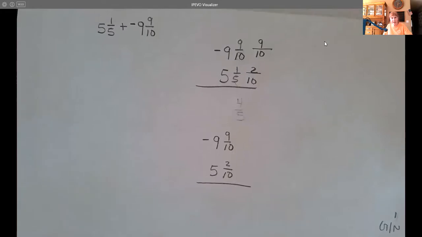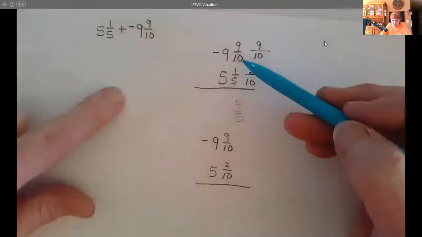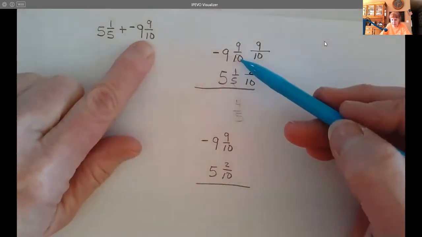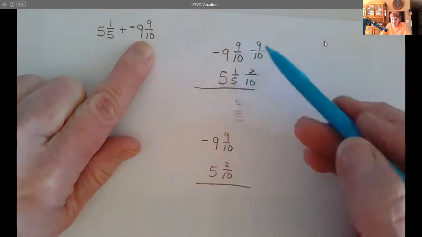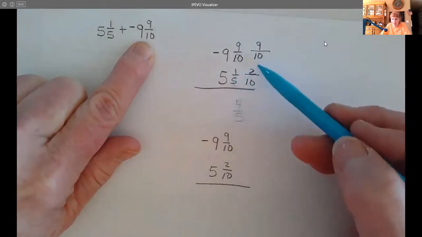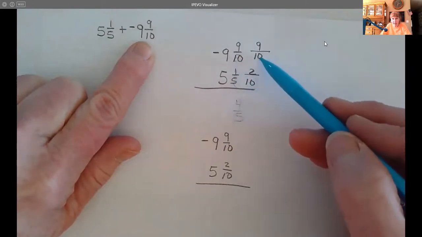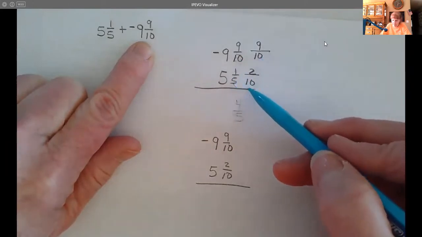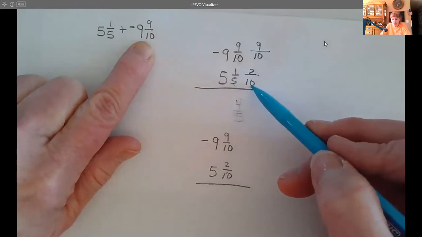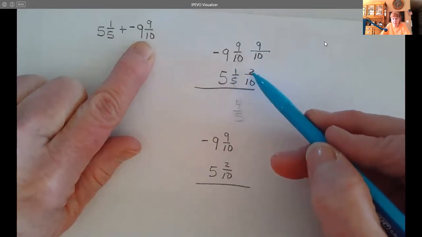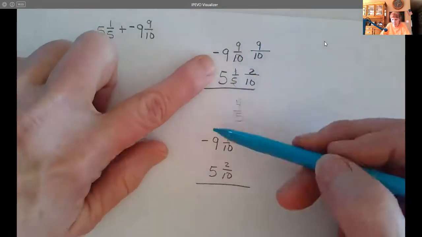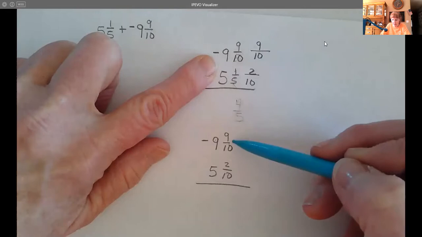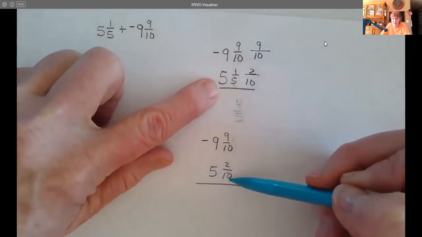All right, so again, I had to get a common denominator. I rewrote it wrong to begin with, but this should have been 9/10 and 1/5. A common denominator of 10, they both go into 10. So here multiply by 2, multiply by 2, multiply by 1, multiply by 1. So we have a minus 9 and 9/10, 5 and 2/10.